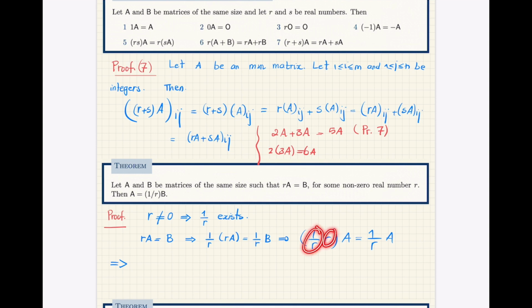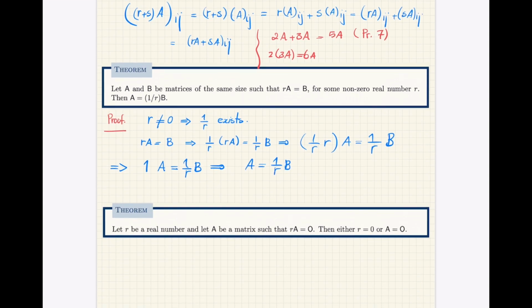But 1 over R times R is just simply 1, and times A is equal to 1. I made a mistake, sorry, this is not A, this is B. And then this becomes 1 over R times B. But again, one part of this theorem tells you that 1 times A is equal to A, so A is equal to 1 over R B. And then we are done.